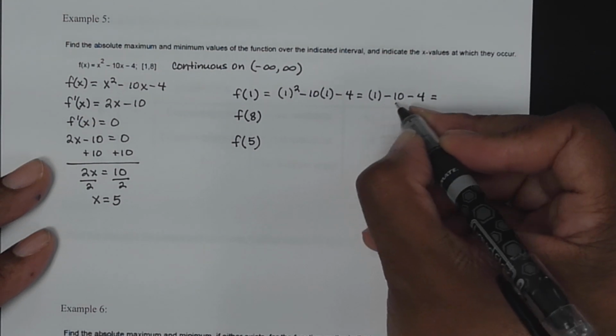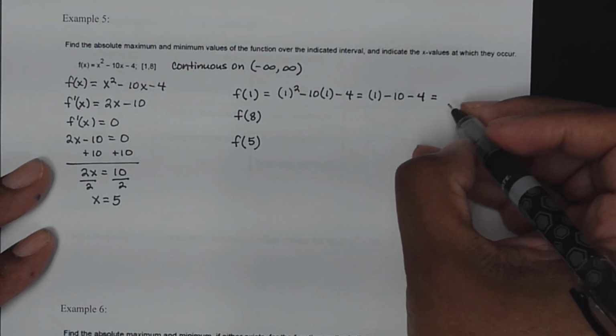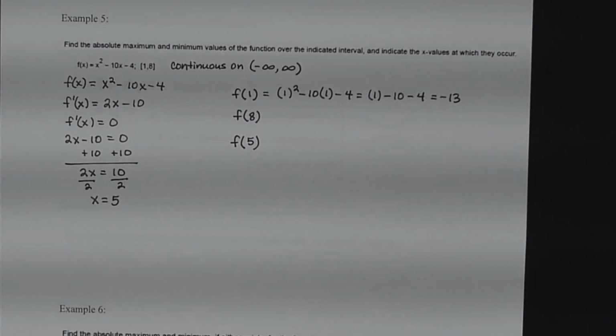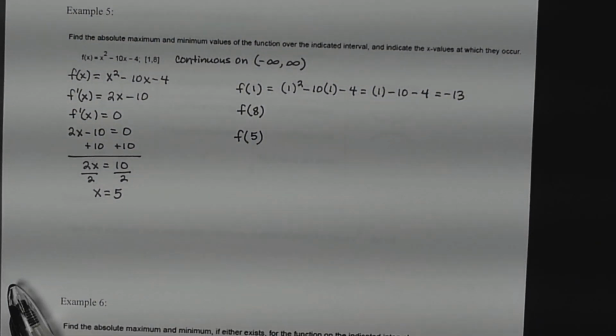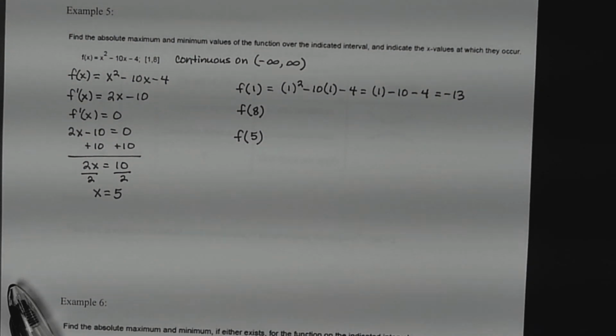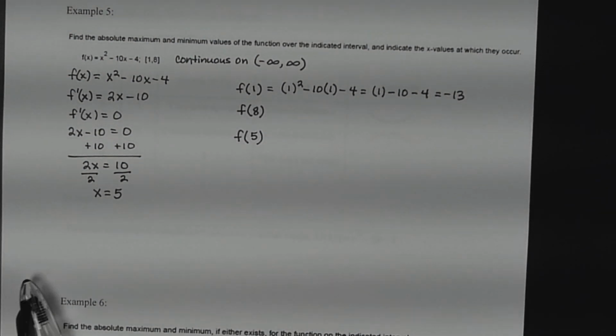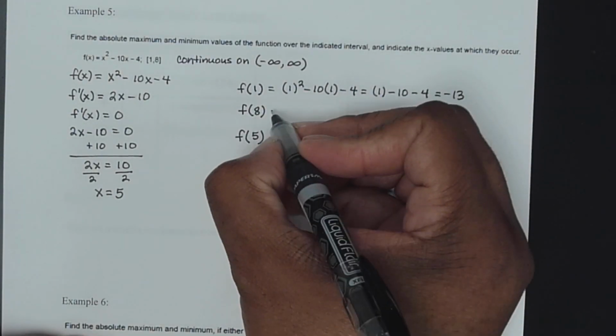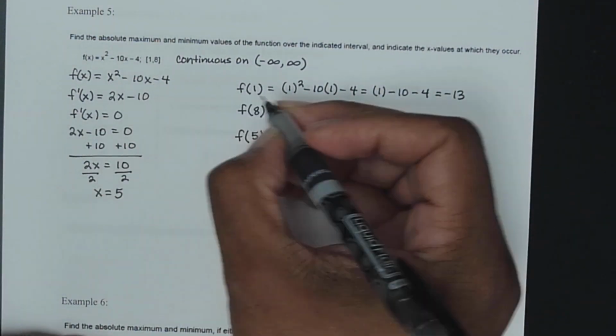All right, in this case 1 minus 10 is negative 9. Negative 9 minus 4 would be negative 13. So f of 1 would be negative 13. All right, now for f of 8. To evaluate f of 8, I just substitute each x in the f of x function with 8.